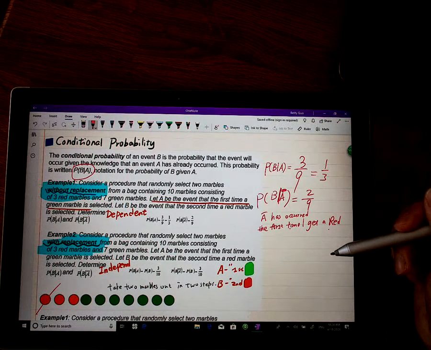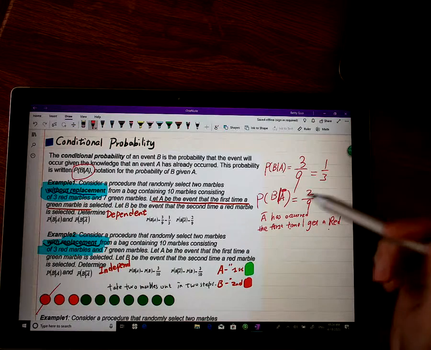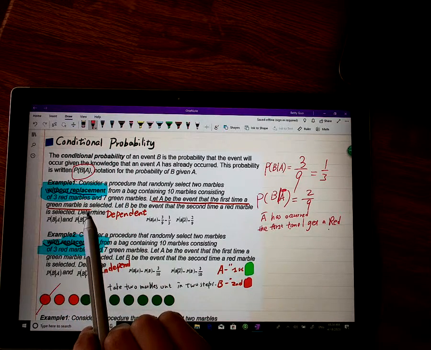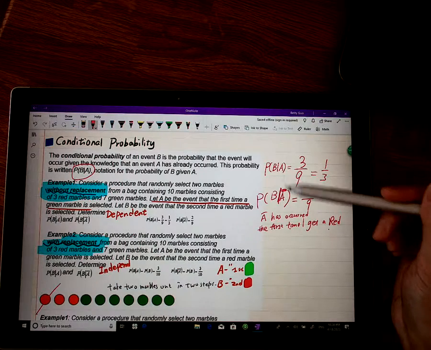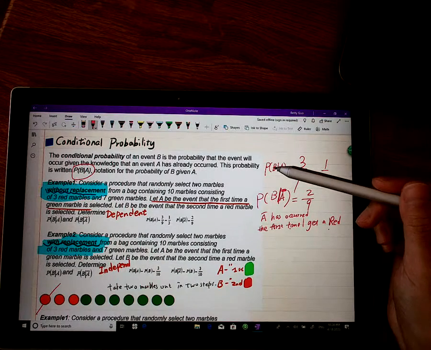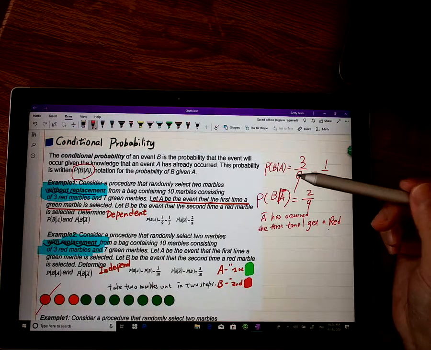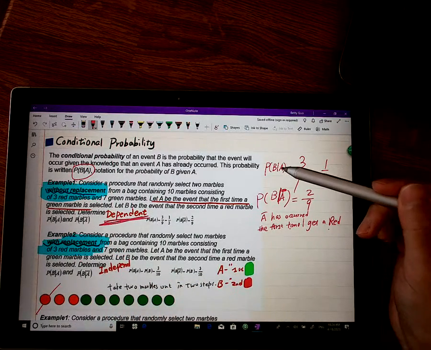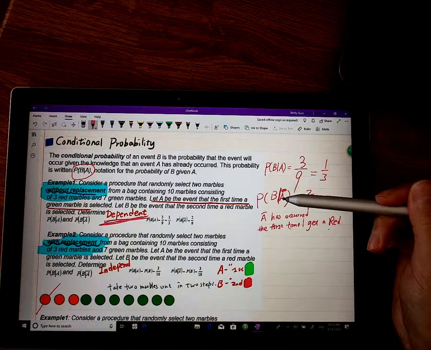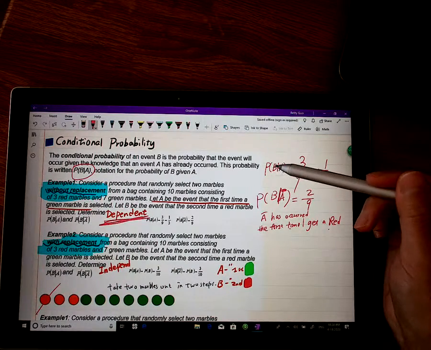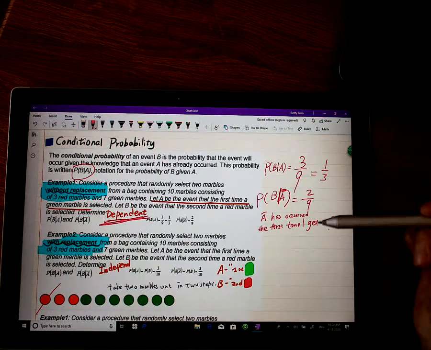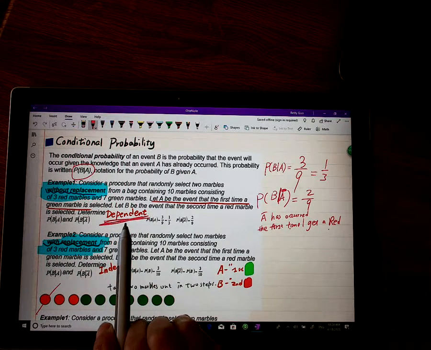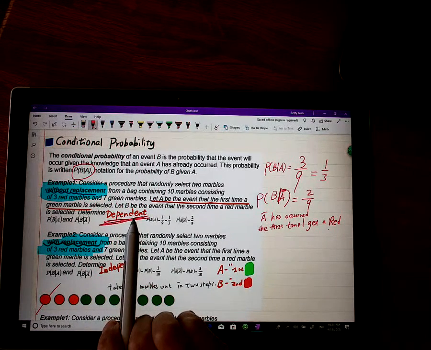You see the difference here without the replacement. A occurring or not does affect the probability of B. A and B are dependent. You see what I'm saying here? You can see the difference, right? They are different. When that happens, we say A and B are dependent. Of course, A affects B, right?